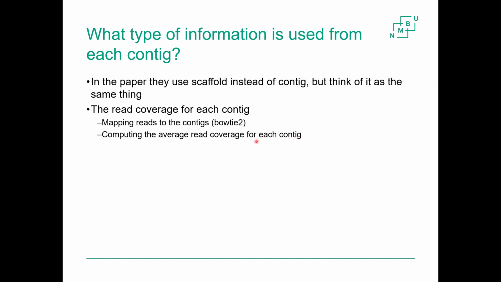We have looked at the read coverage computations before in module 5, I think, but now it's done per contig, not per position like we did in module 5. We did it for every single position, but now we do it as an average for each contig.